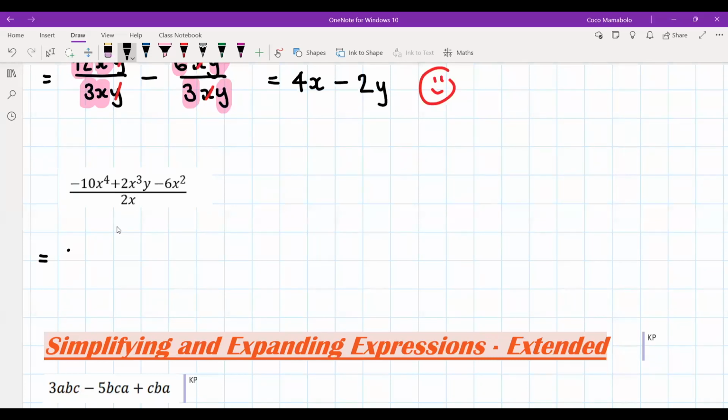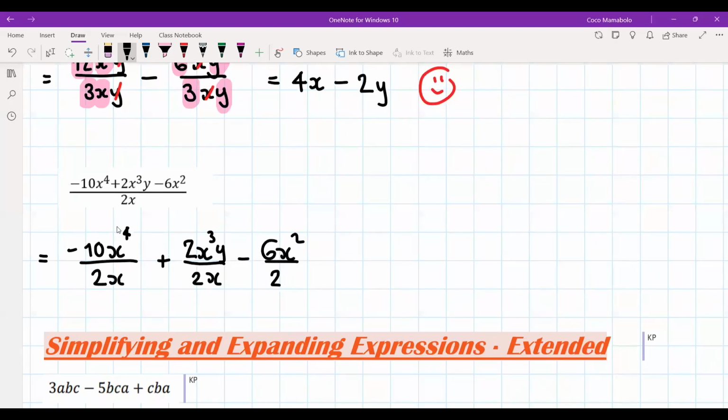All right, I've got negative 10x to the power 4 over 2x plus 2x cubed y over 2x minus 6x squared over 2x. All right. And now Eddie's like, yes, I can put my answer in the chat, because yes, you guys can put your answers in the chat. Let's see if we get the same answers. Okay, so I'm going to divide negative 10 divided by 2 will give me negative 5.